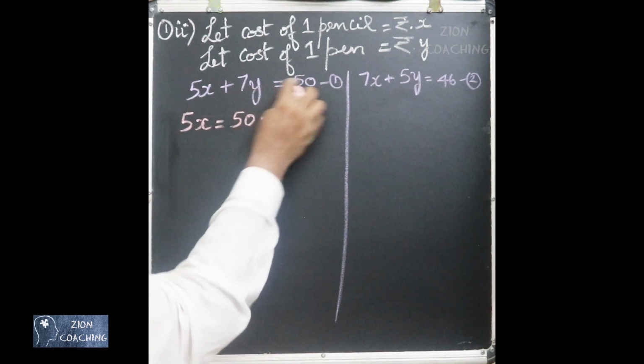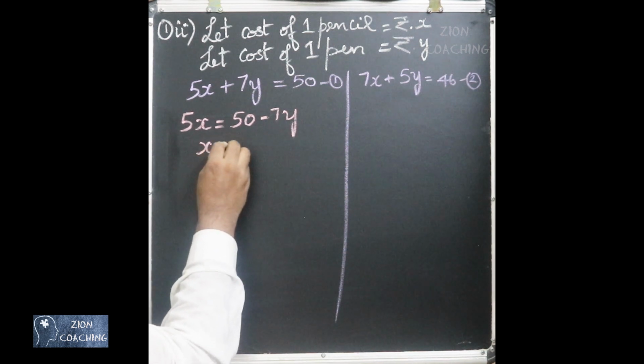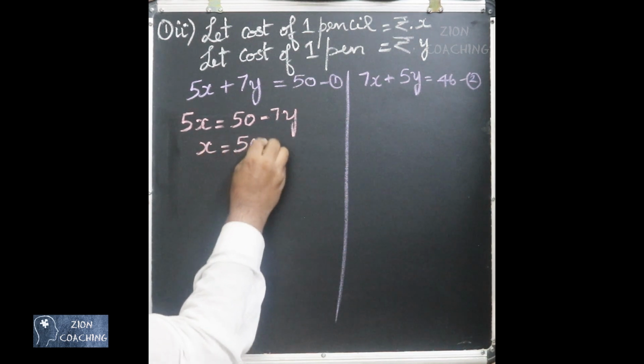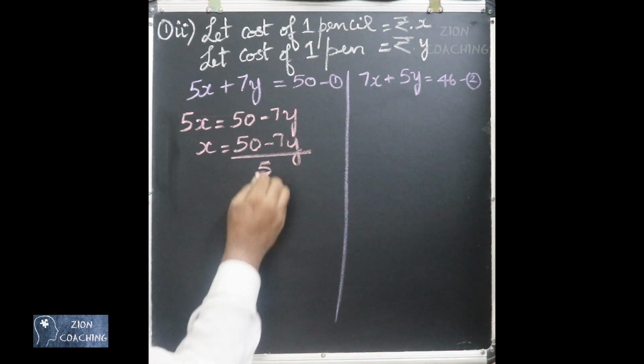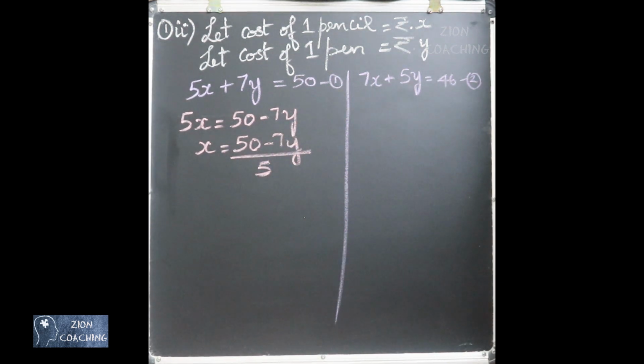I have taken this 7Y to that side. Then your X value is going to be (50 minus 7Y) divided by 5. So we will give values for Y and find the corresponding values of X.